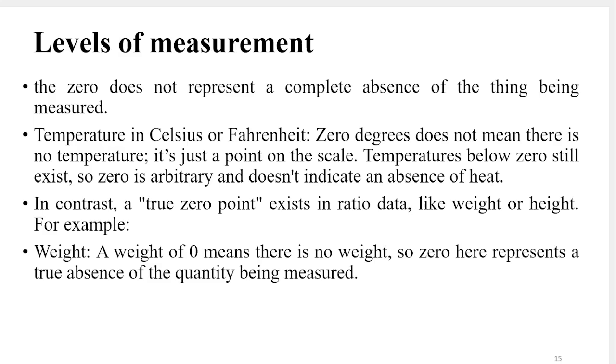So in summary, in interval data, 0 is arbitrary and does not mean absence. In ratio data, 0 is true and represents complete absence. This difference is very important in biostatistics because it affects how we analyze and interpret data correctly.